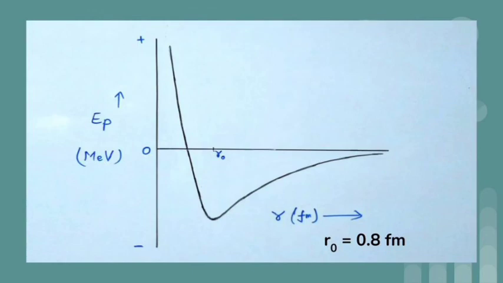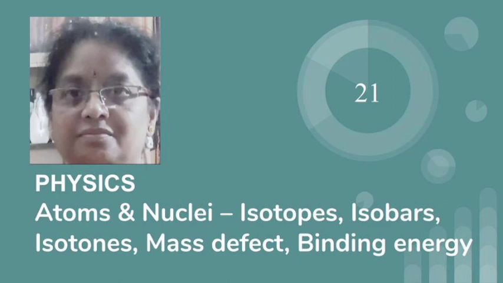The given plot of variation of potential energy EP with separation R of the two nucleons indicate that potential energy is minimum at a distance R0, which is about 0.8 femtometer. It means the force is attractive for separation larger than R0 and it is repulsive for separation less than 0.8 femtometer.